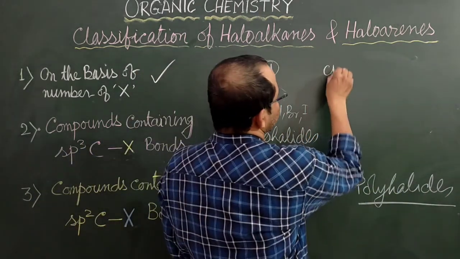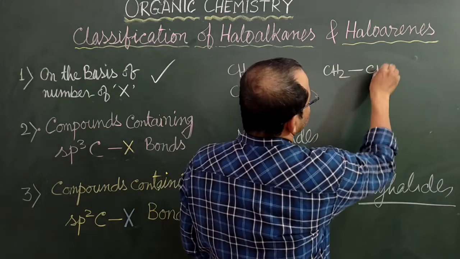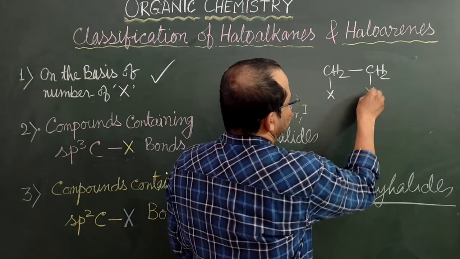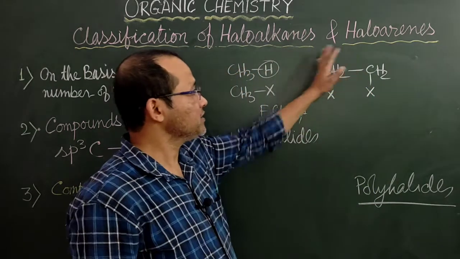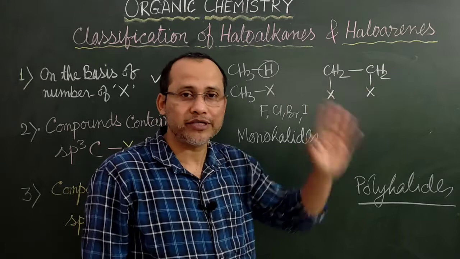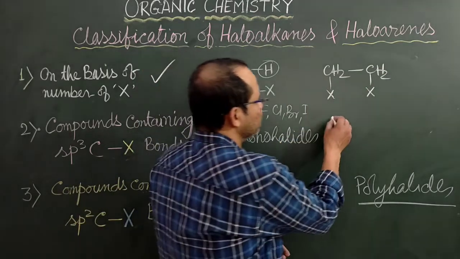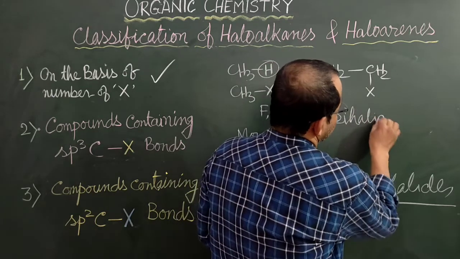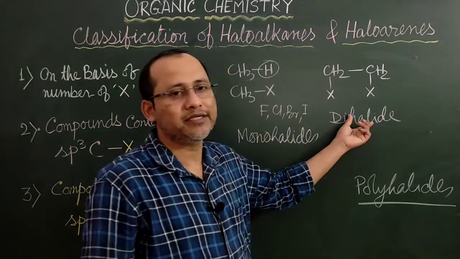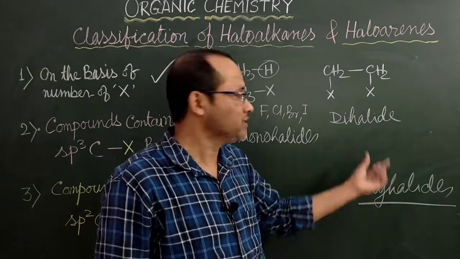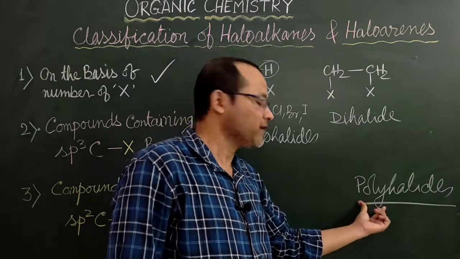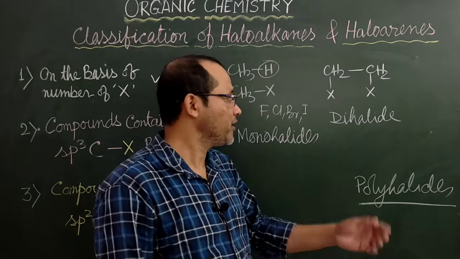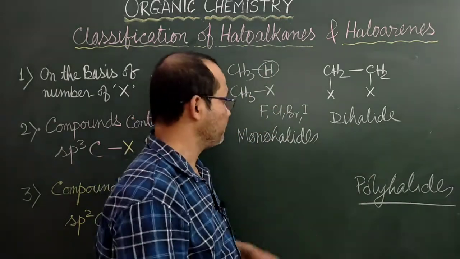If any alkyl halide contains two halogen atoms like this one and this one, in general we are writing halogens, so this is one compound where two halogen atoms are there, and this may be represented as dihalides. And remember one thing, dihalide is one kind of polyhalide. This is one small case of a large variety of things.